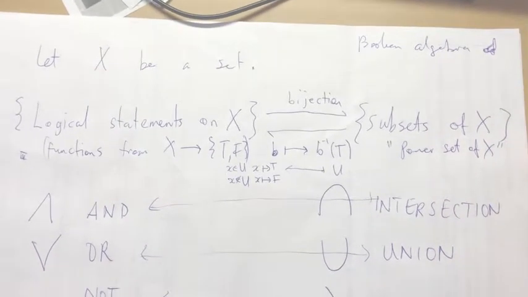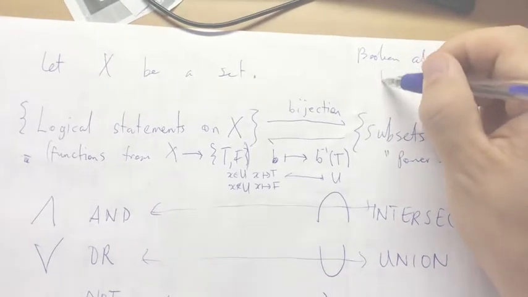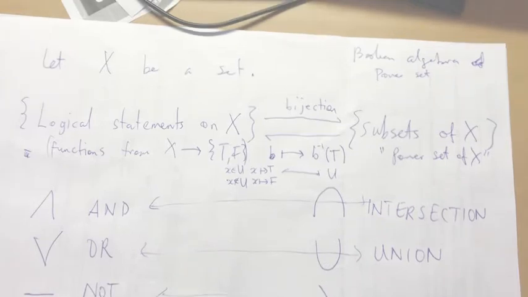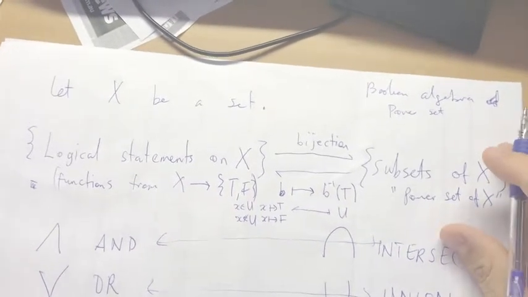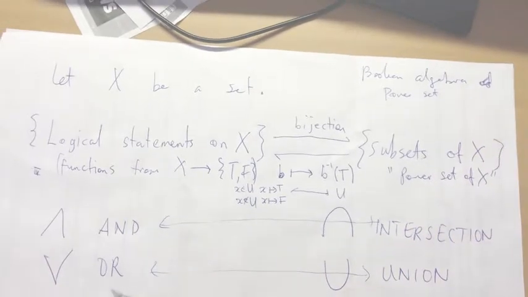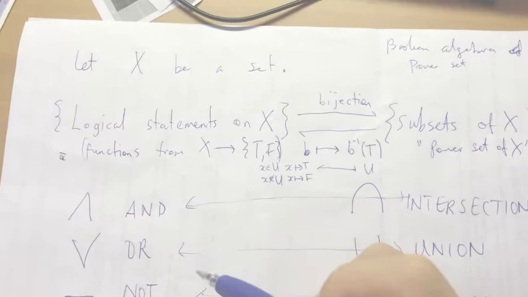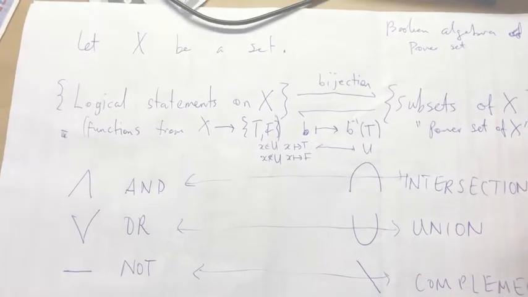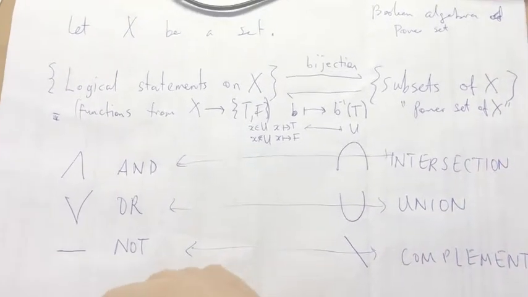This is the Boolean algebra, the power set. Or the power set is a Boolean algebra. And taking this set of logical statements and these operations makes the set of logical statements a Boolean algebra.